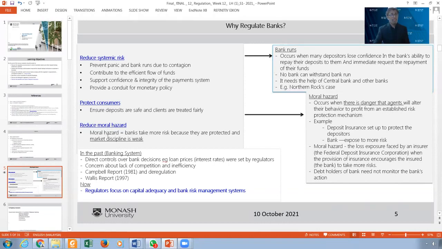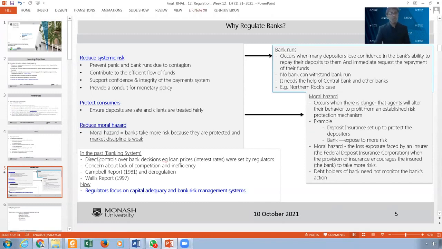Moral hazard has to be taken care of, and regulators have to be sure to minimize any moral hazard, which is the misuse of regulations. Bank runs we have talked about before, and when we talked about liquidity, moral hazard, as I told you, is for example when they use deposit insurance in the wrong way by assuming more risk since they are insured.